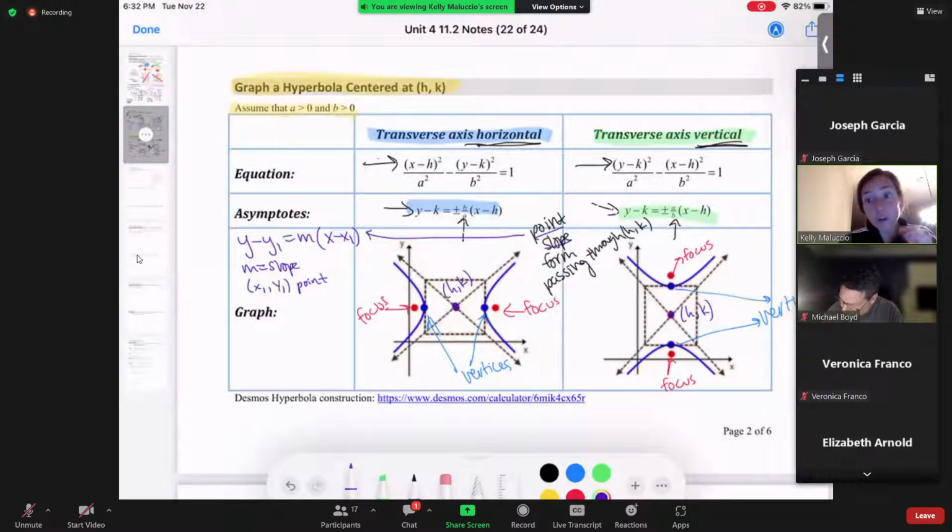So notice how our new origin is HK, and so the asymptotes both are going to pass through HK, right? And that's why the equation involves H and K.